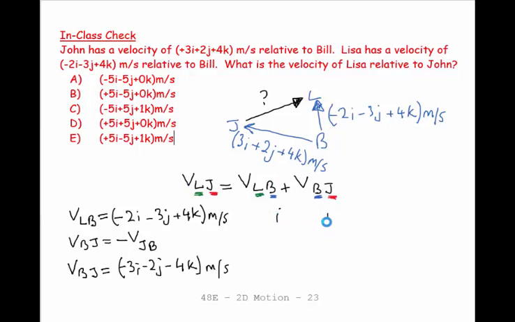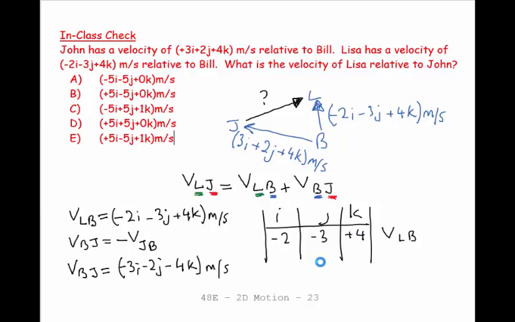I have i, j, k, and let's have a few columns. The first thing I'm going to put down is the velocity of Lisa relative to Bill. And I look over here and I say it's what? It's -2, -3, and +4.